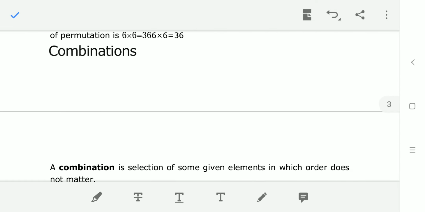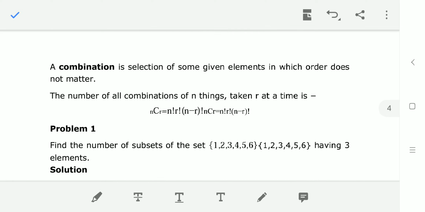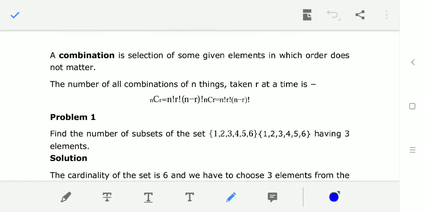Next is combinations. A combination is a selection of some given elements in which order does not matter. The number of all combinations of n things taken r at a time is this. Problem first.